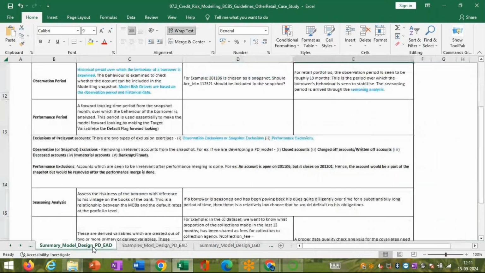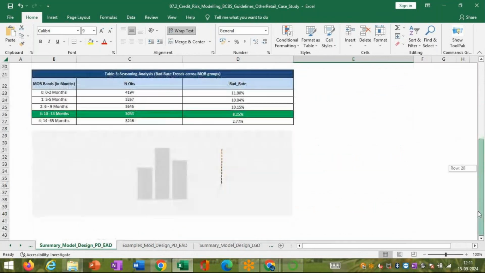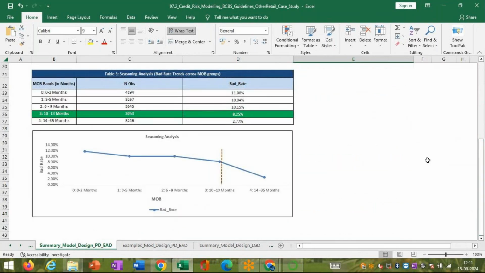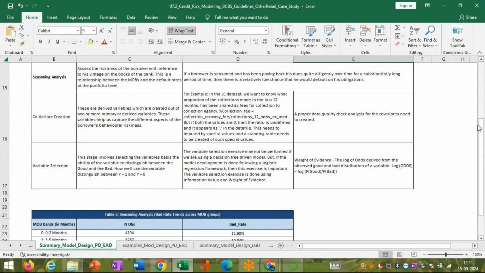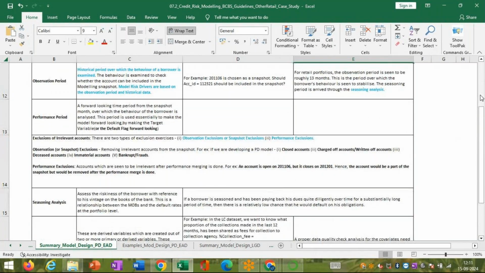Now while we were talking about it, one thing that we realized was that seasoning analysis plays a very critical role in model design, because we have to identify which customers are seasoned, and what the number of months required for seasoning is, and to some extent that determines the length of the observation period, right?